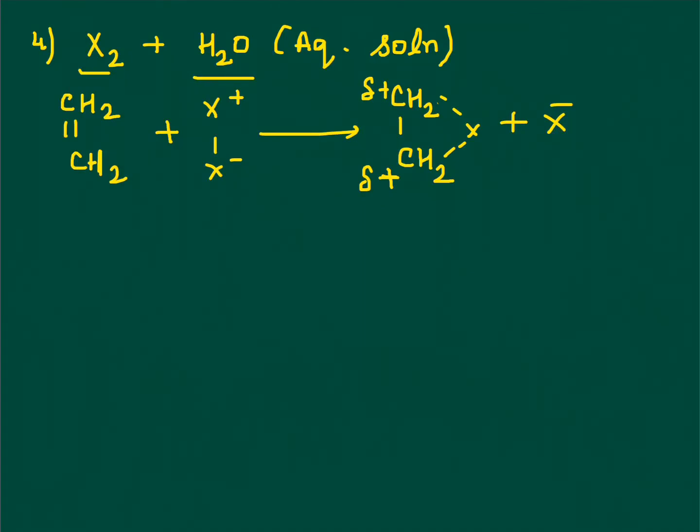To make this matter simple, how I have explained it is, the positive electrophile comes and attacks the double bonded carbon, with the result the other carbon gets a positive charge, right?